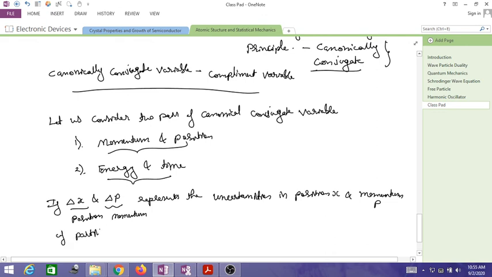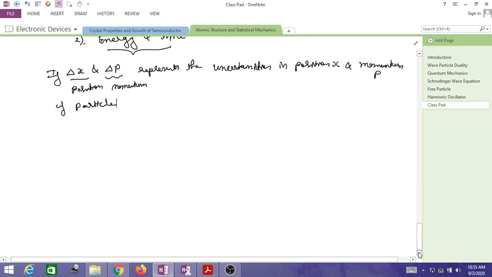So we can write delta x into delta p is approximately equal to h by 2 pi. Let me call this equation 1.